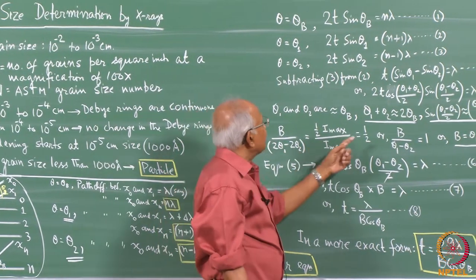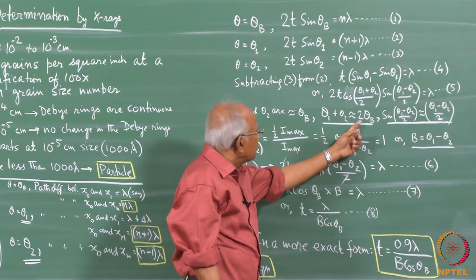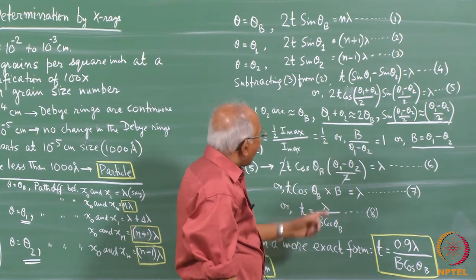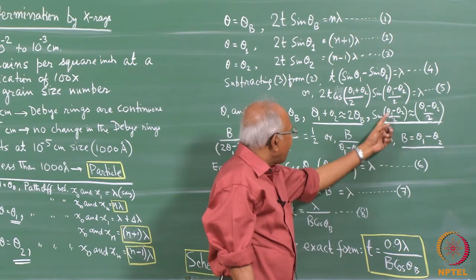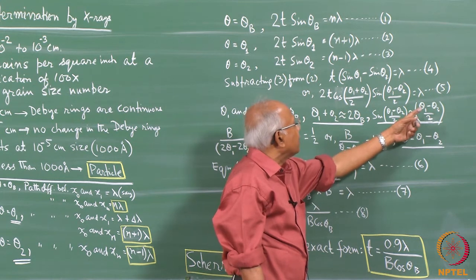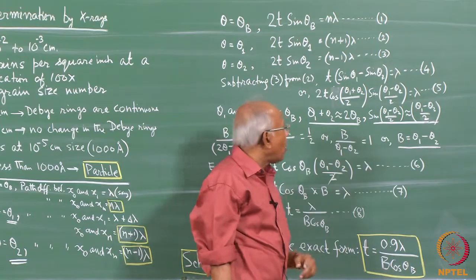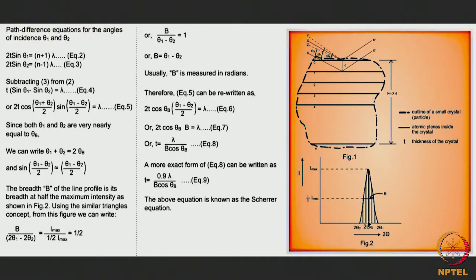In that case theta 1 plus theta 2 becomes very close to 2 theta b, and sin of theta 1 minus theta 2 by 2 can be written as simply theta 1 minus theta 2 by 2, because this difference is very, very small.